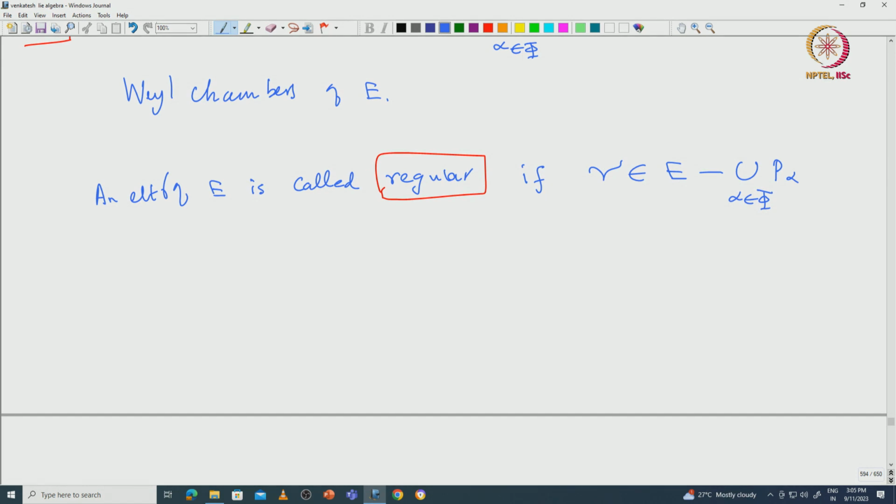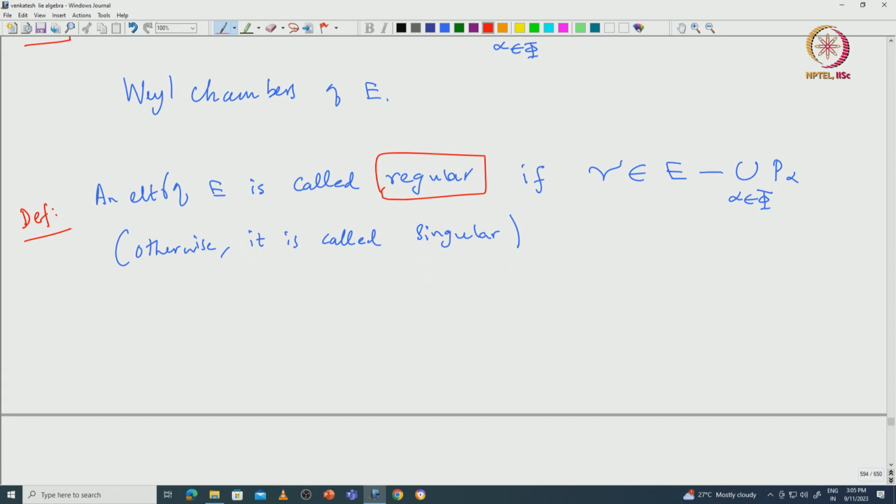Otherwise, it is called singular. That means it is orthogonal to some alpha for alpha in phi. So, this is again a definition.